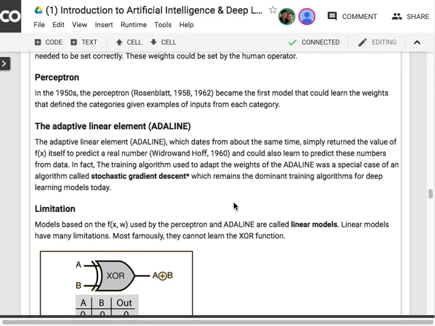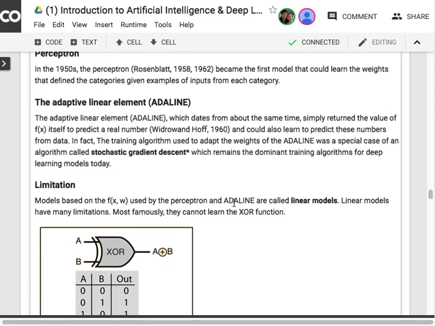They try to learn from it, but it's not yet gradient descent. After that, Hoff proposed that this learning rate can be made stable by using stochastic gradient descent.